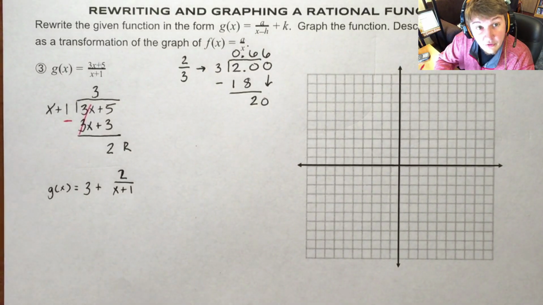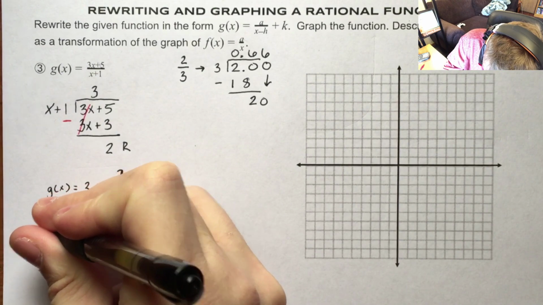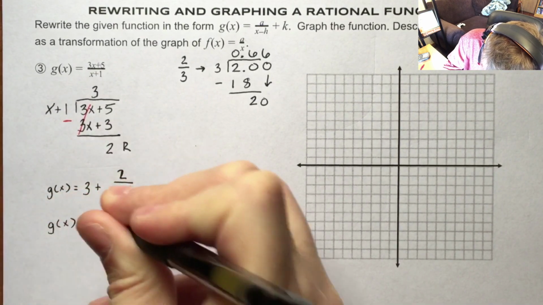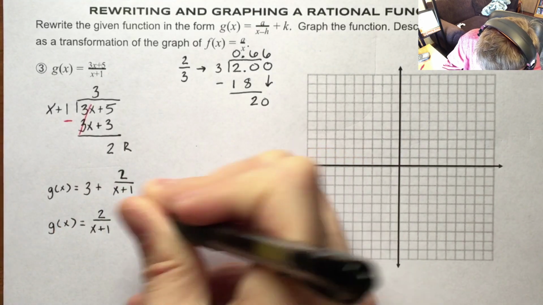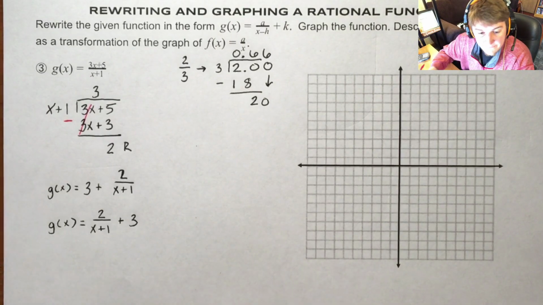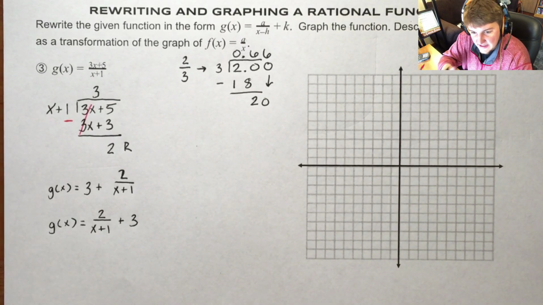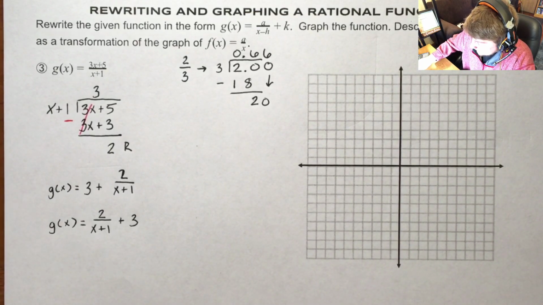Or if we wanted to write this in a form that we're a little more familiar with, I can say that g of x is equal to 2 divided by x plus 1, plus 3. And now this is in the form that we just graphed the exact same way on the previous page.